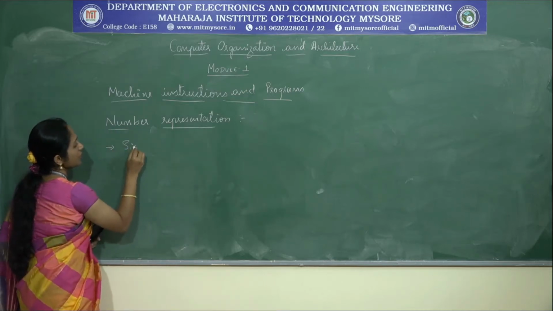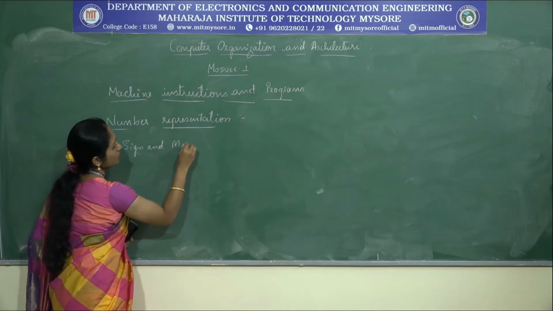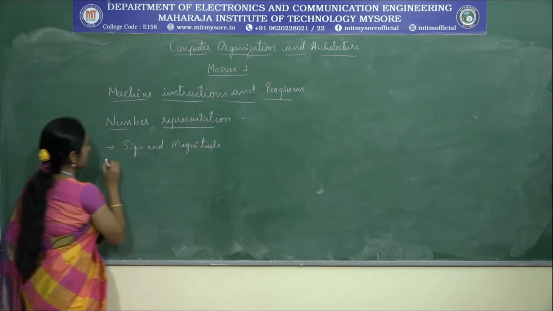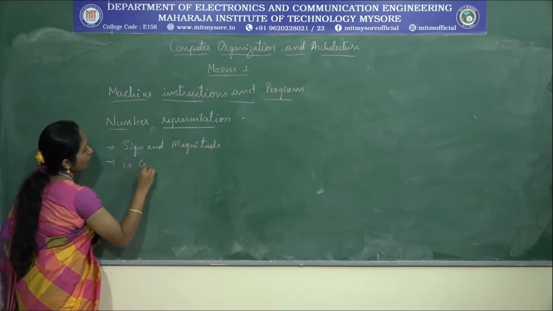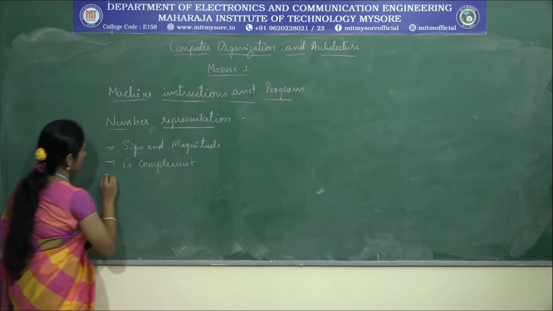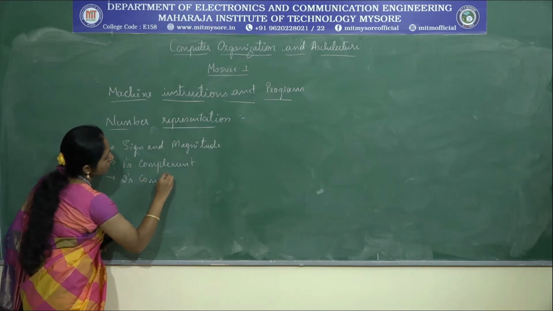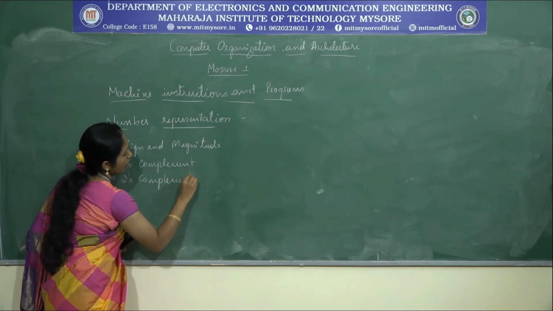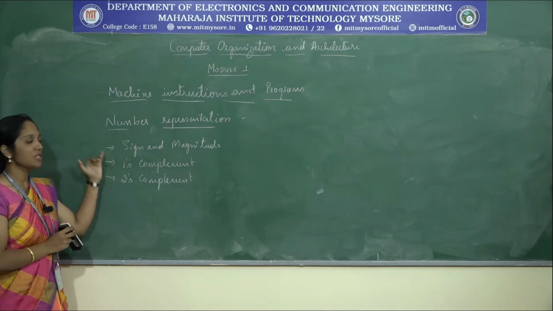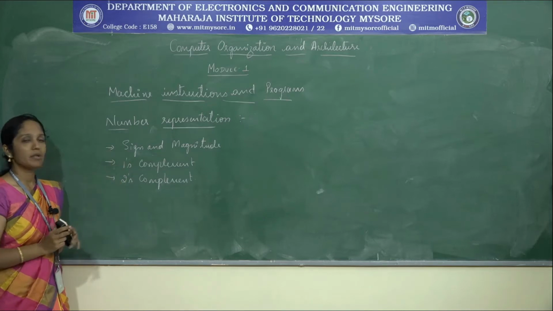The first one is sign and magnitude. The second one is ones complement. And the third one is the twos complement number system. There are several number systems, and under that we are going to discuss these three.